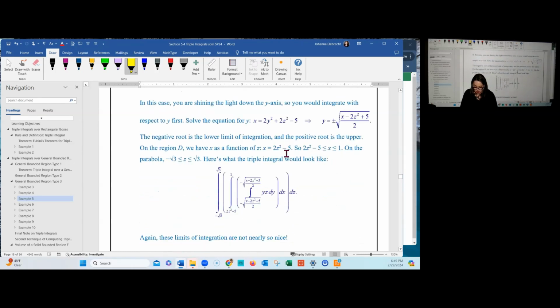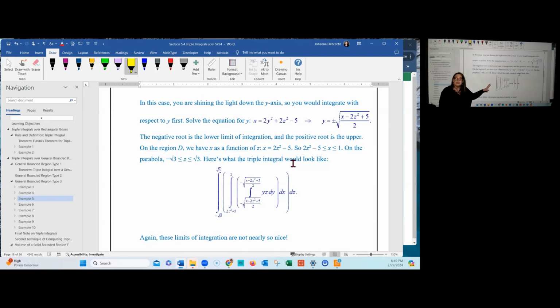So in the equation, I replace x with 1 and solve, and this tells me that I've got z between negative root 3 and root 3. This would become the iterated integral that we would evaluate in order to find the triple integral of yz with respect to the volume differential.